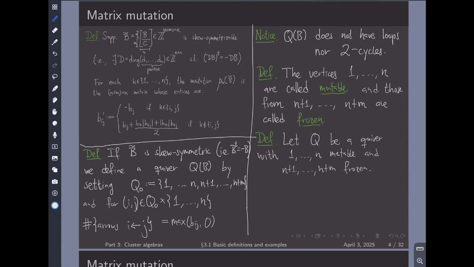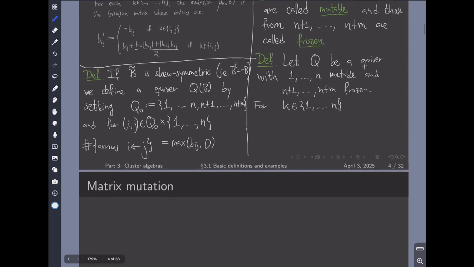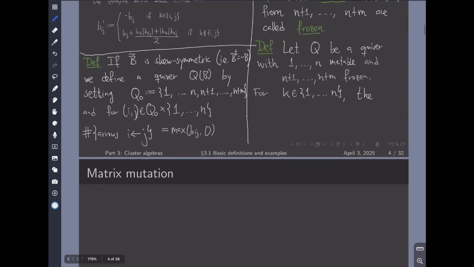And then for k, again in one of the mutable directions, the mutation mu k of Q is given by the following next three steps that are going to be actually 4.